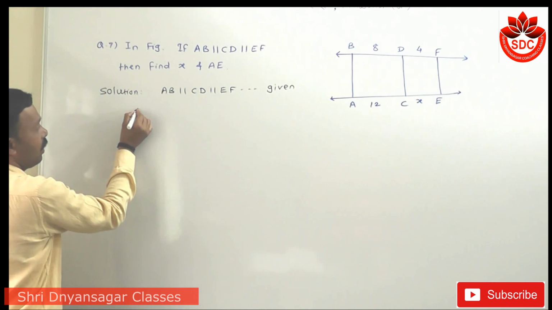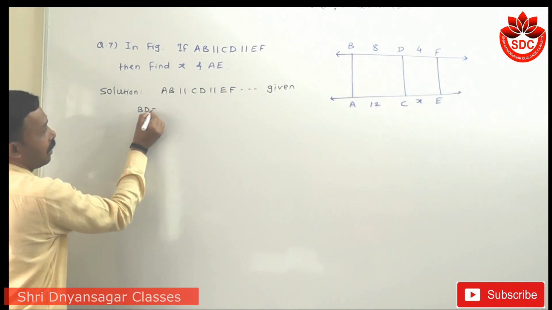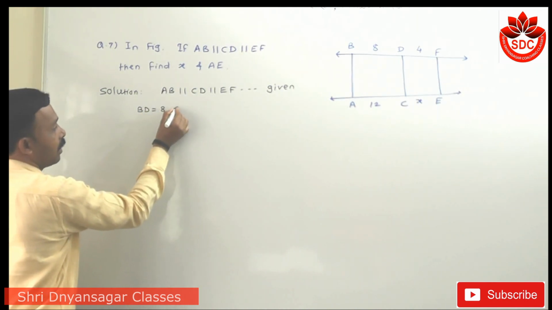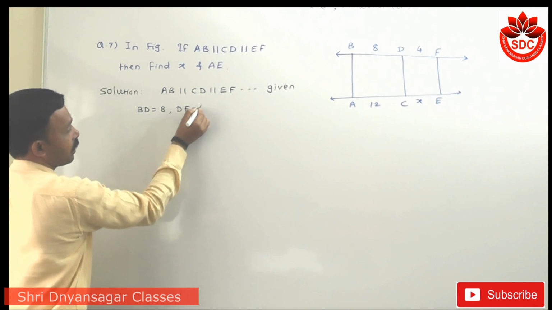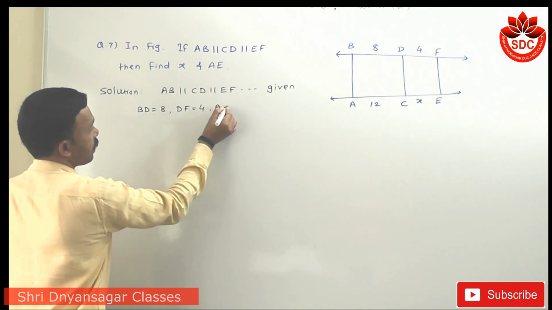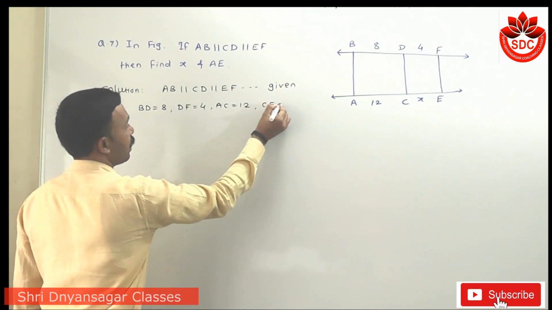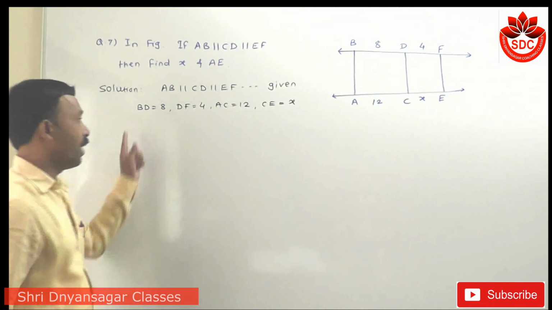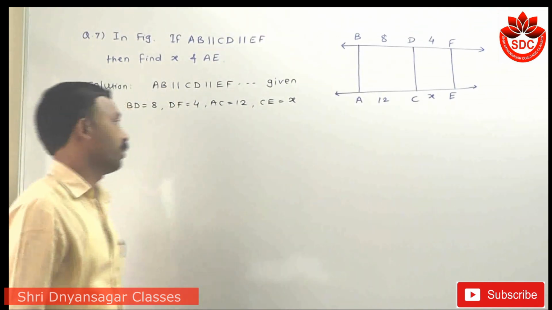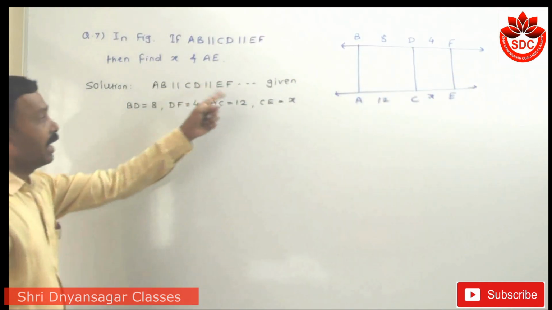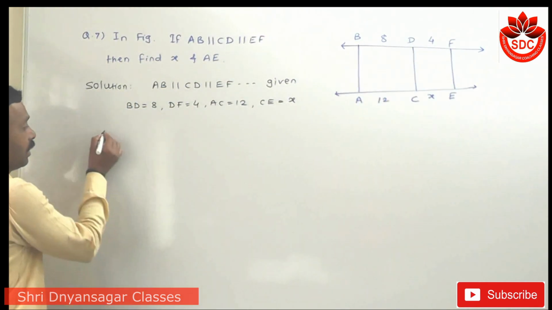Also BD is equal to 8, DF is equal to 4, AC is equal to 12 and CE is equal to X. This is also given in your figure. Now, these three lines are parallel to each other.